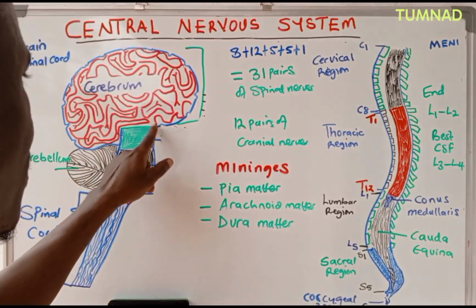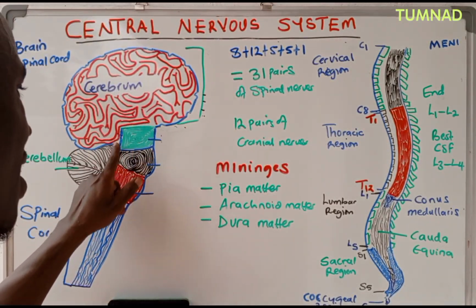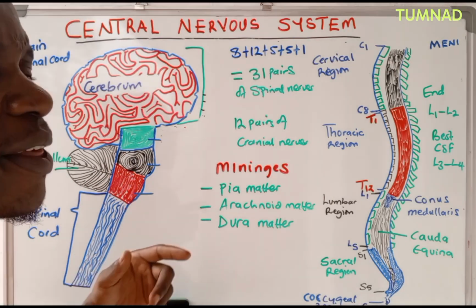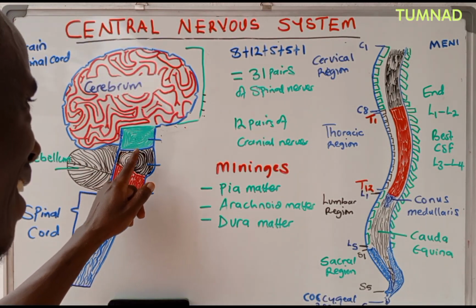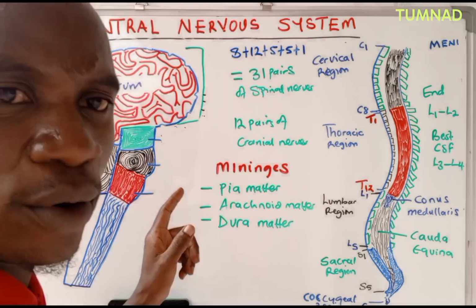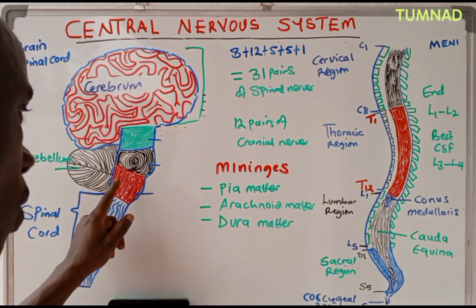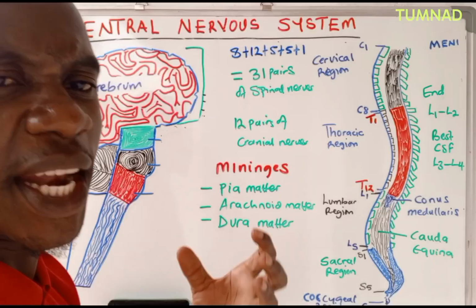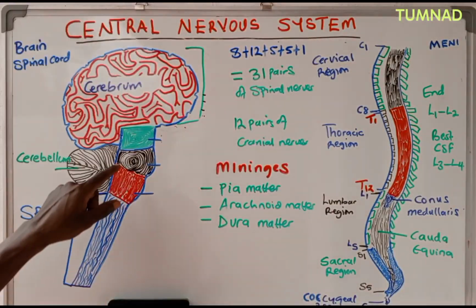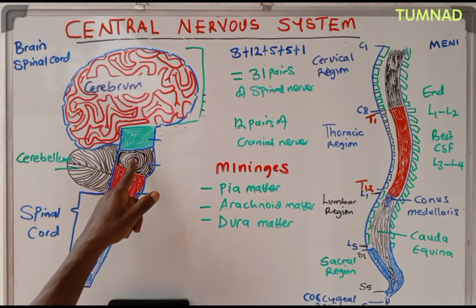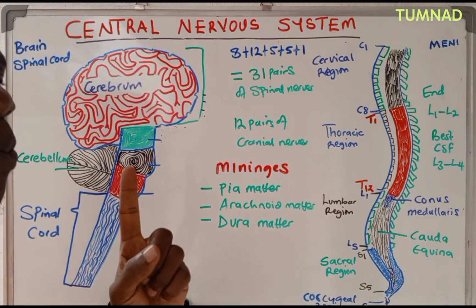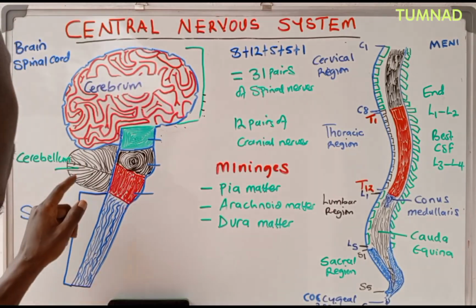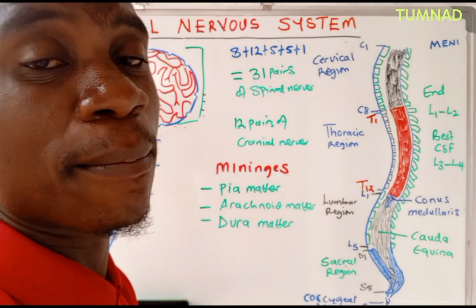We said that this green structure here is what we call the midbrain. Below the midbrain is another structure which we call the pons. And then finally the down one here, which is red, is the medulla oblongata. Behind the pons and the medulla oblongata, we have this structure which is super important in balance, which we call the cerebellum.